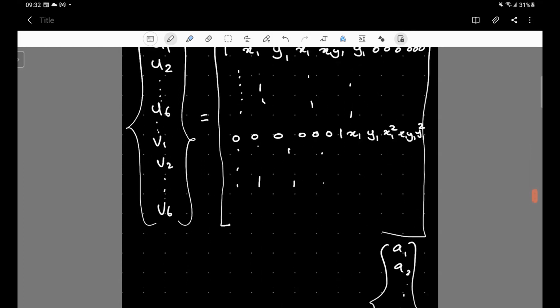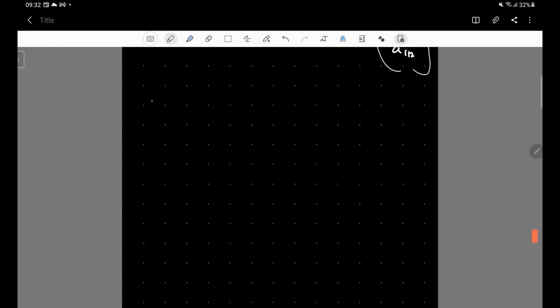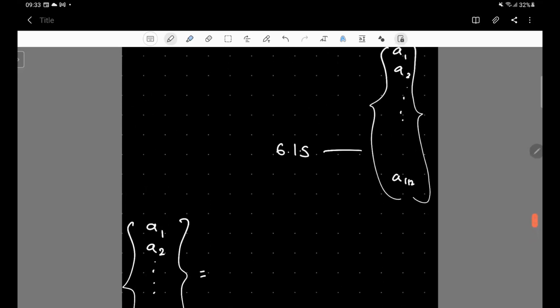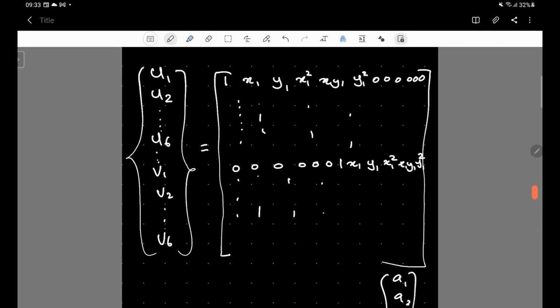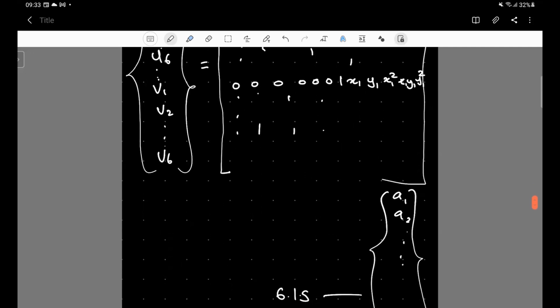Okay, so we are interested in obtaining these coefficients A1 to, let's say, A12. What we do is simply multiply the left hand side, and of course the right hand side, by the inverse of this matrix.